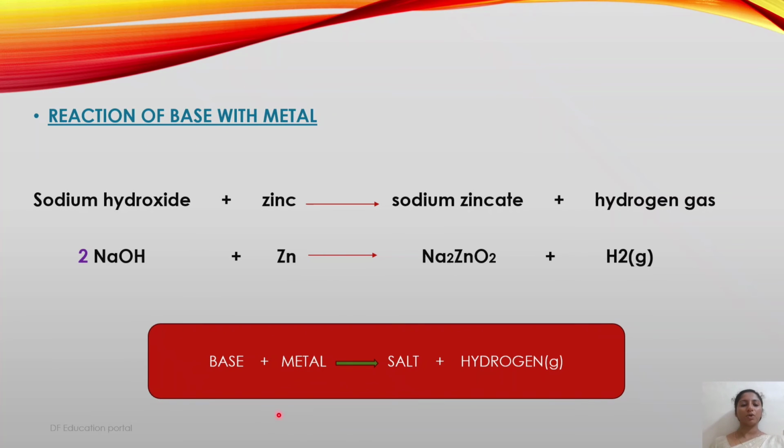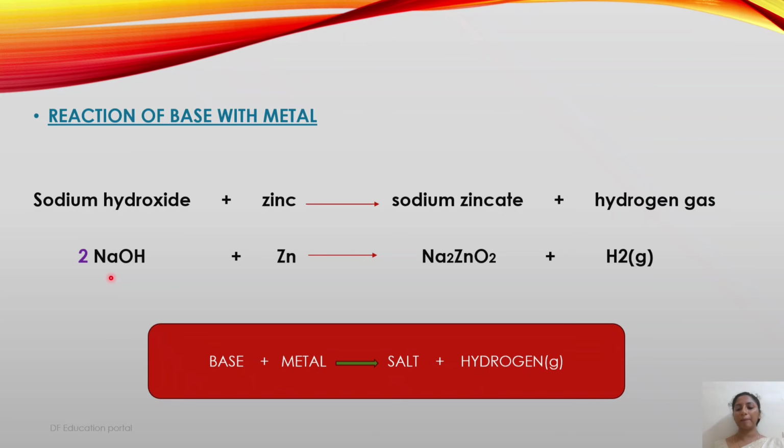Sodium hydroxide is a base, and we get sodium hydroxide as pellets. We want to make the sodium hydroxide into a solution, so we take the sodium hydroxide pellets in a test tube and add some amount of water to them.